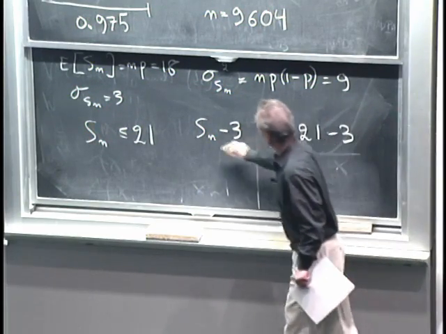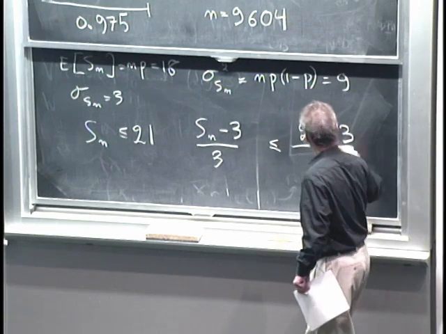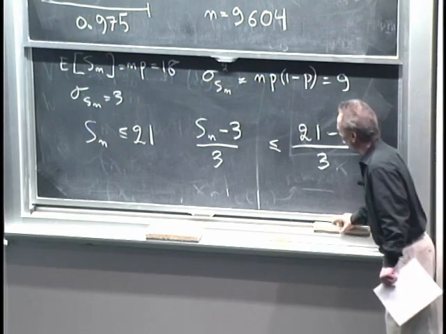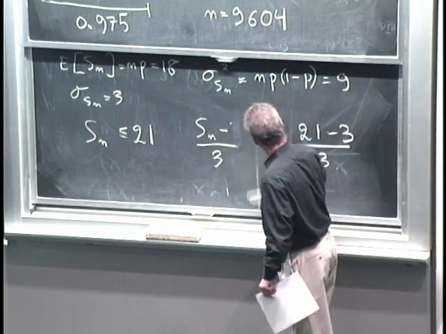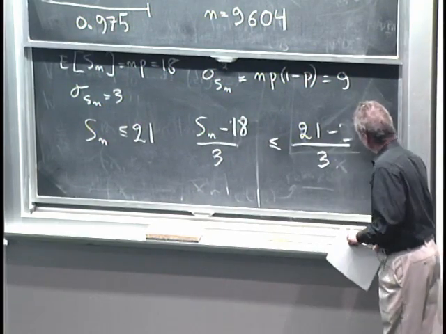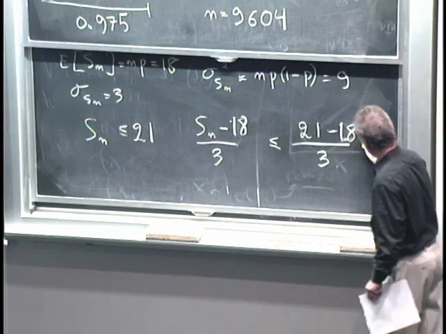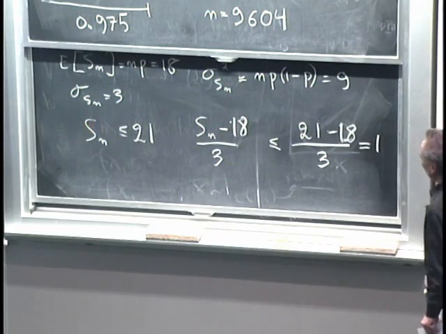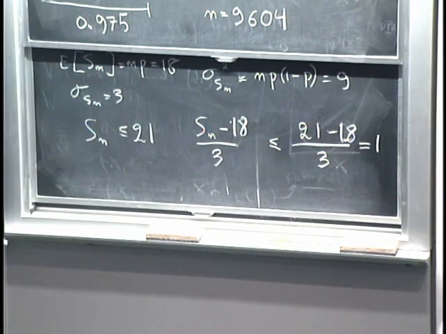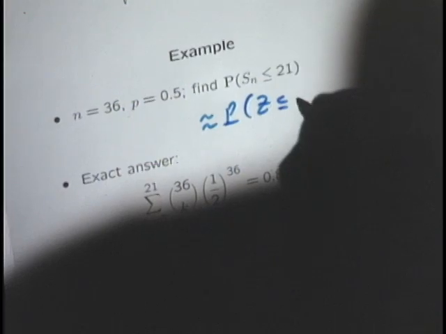Then divide by the standard deviation, which is 3, and we end up with this, which gives me a much nicer number, which is 1. So the event of interest that Sn is less than or equal to 21 is the same as the event that a standard normal random variable is less than or equal to 1.